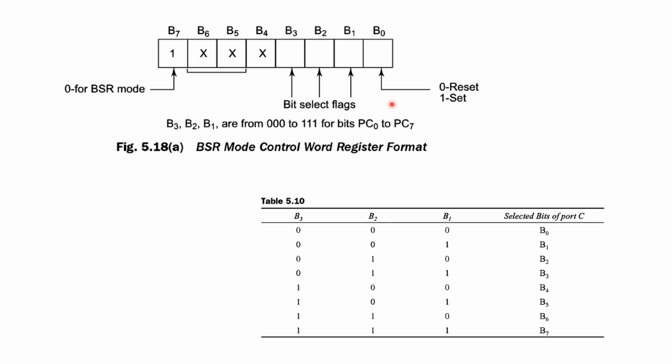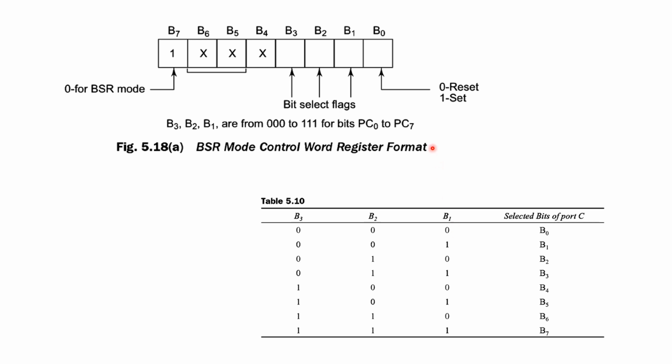So this is the table, and B0 is the value to be stored, whether it is 0 or 1. If B1 is 0, B2 is 0 and B3 is 0, the 0th bit of port C is selected, and whatever is given here will be moved to the corresponding bit in port C. If B3, B2 and B1 are 0, 0, 1, it means the first bit of port C is selected, and the value here will be copied to that port C bit.